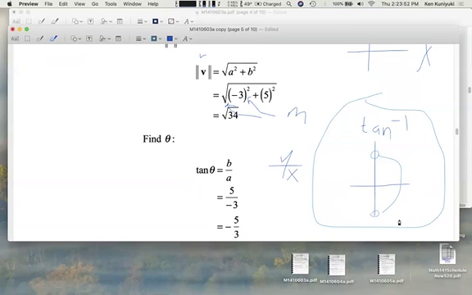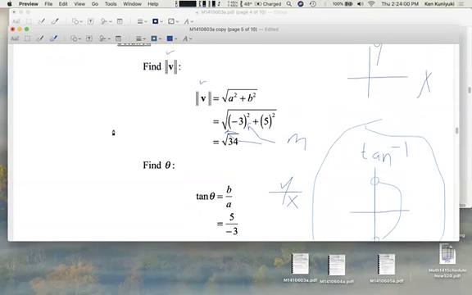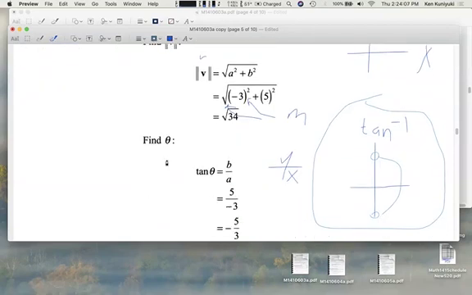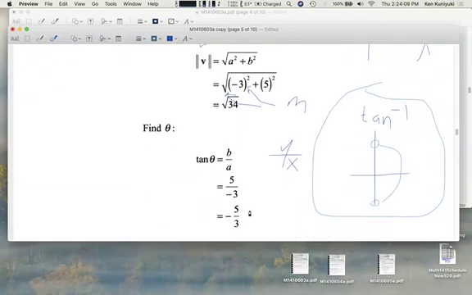Now, wait a minute. As a position vector, what quadrant is our vector in? Remember, it's in quadrant 2. Uh-oh. So if you do inverse tangent of -5/3, you're going to end up in quadrant 4, and we're going to have to do something about that.